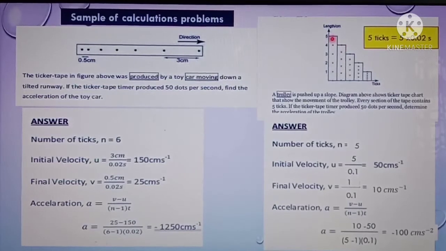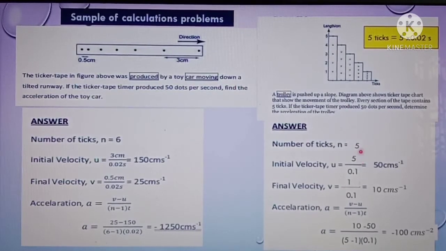So the first strip, okay, here the length is 5 cm. Now we want to calculate initial velocity. So initial velocity you calculate from the first strip. The final velocity is the last strip. Okay, so number of ticks n equals 5. For each of the strip, number of ticks is 5.